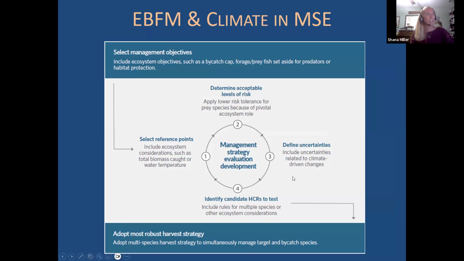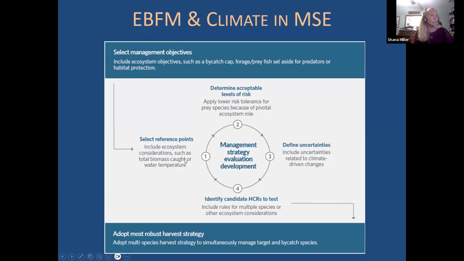And this figure here shows how a harvest strategy can be developed using MSE that takes ecosystem factors into account. You might, for example, when you're setting management objectives, set ecosystem objectives such as a bycatch cap. I'm fishing for tuna and I only want to take this tonnage of sea turtles as bycatch, for example.